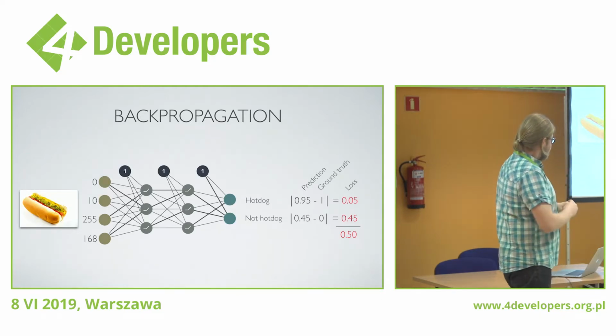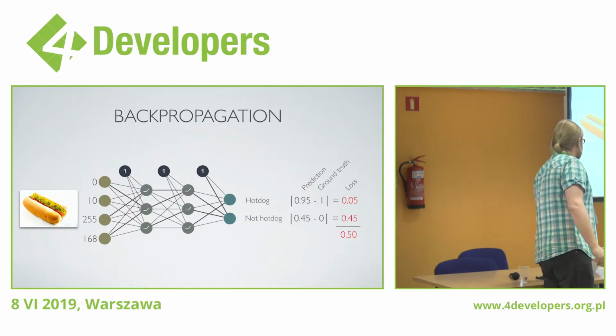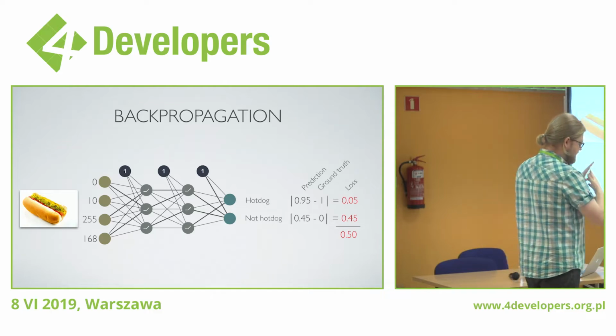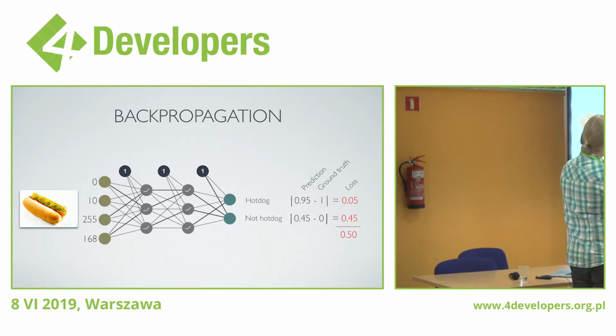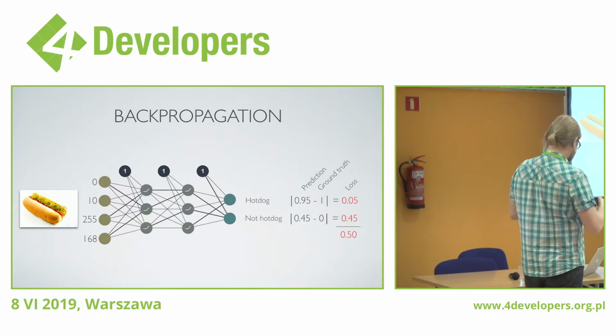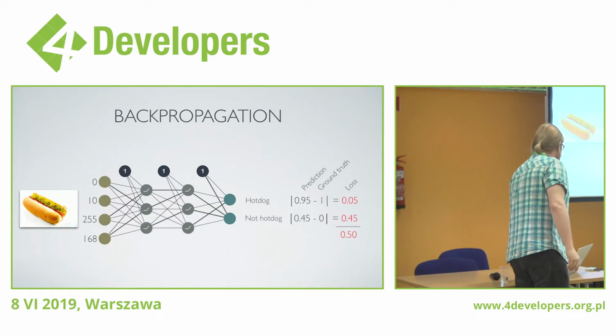For backpropagation, the way it works is that we propagate the information forward. So that's in inference. We take the input, we calculate each subsequent layer until we arrive at the final output value. But in backpropagation, we go in the opposite direction.